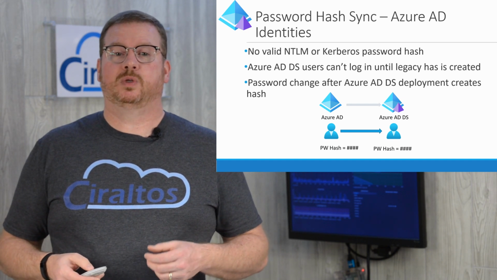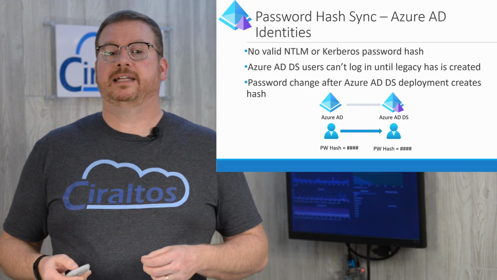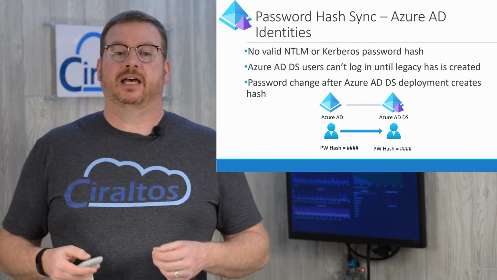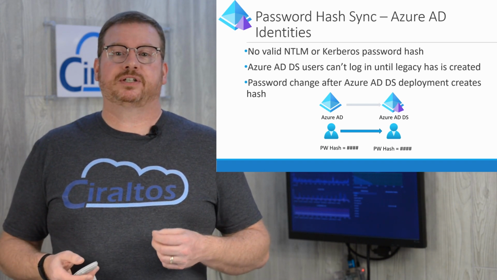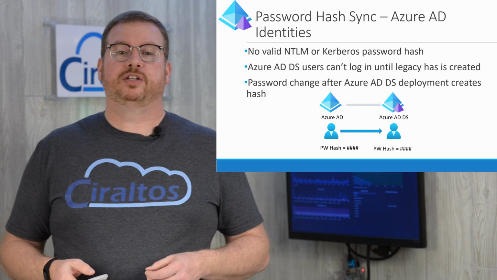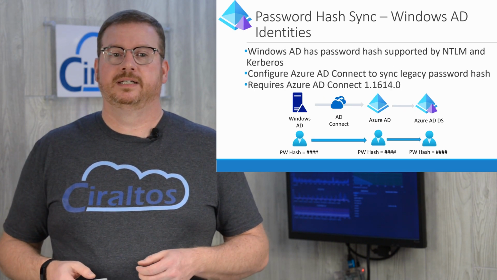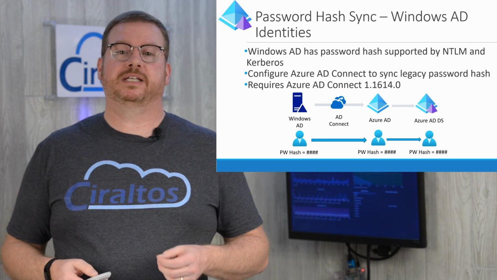Newly created accounts will also have the legacy password hash created. Either way, cloud identities won't be able to log into Azure AD Domain Services until their passwords have been updated. This includes the Azure AD Global Admin account that we're going to use to initially log into Azure AD Domain Services.